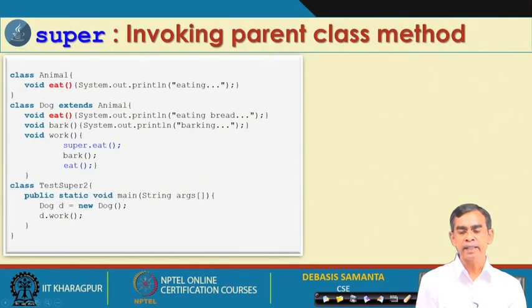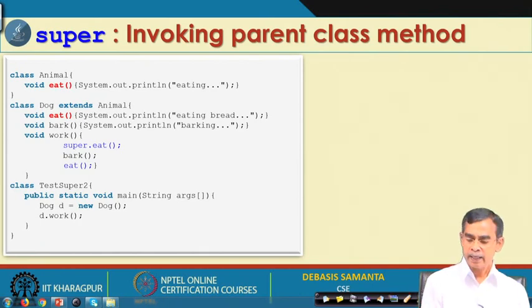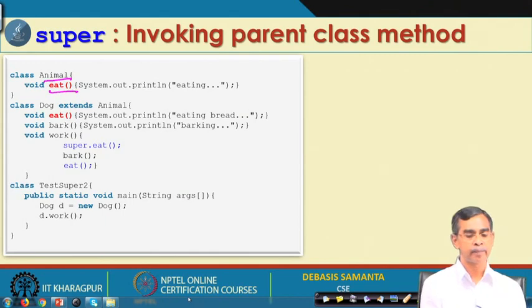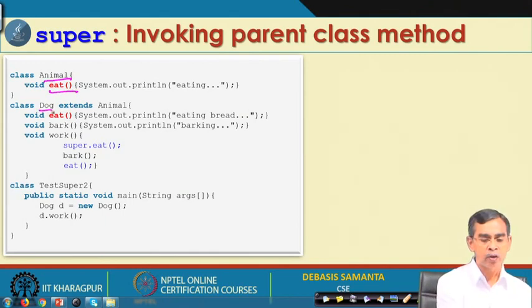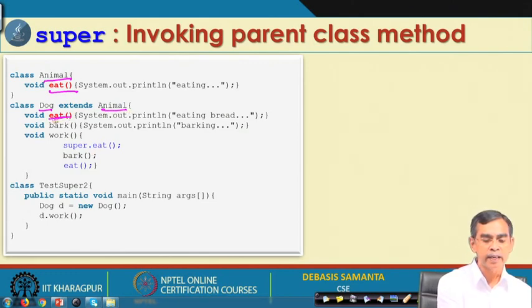Now, the super keyword has another use: it can be used to reference the parent class method. The concept is the same as the previous one. Again, look at this example. Here Animal is a class which has the method eat. Again in Dog, which is a subclass of the superclass Animal, it also declares eat.